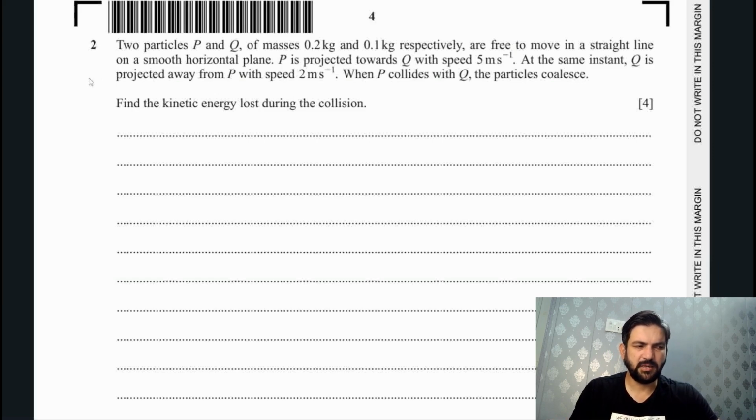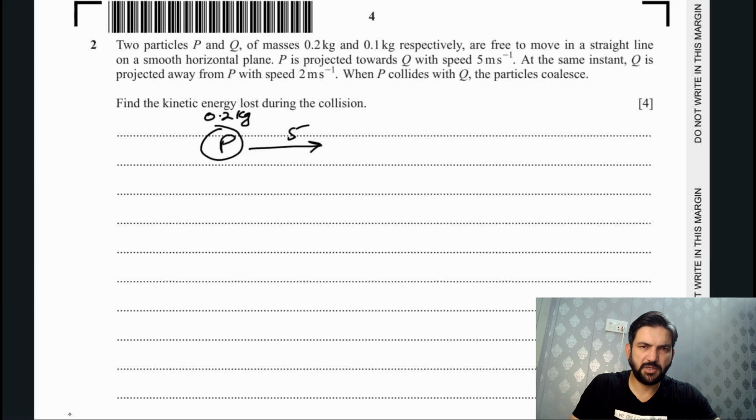We have a particle P of mass 0.2 kg, and it is moving with the speed of 5 meters per second.